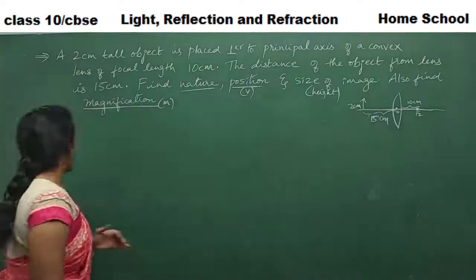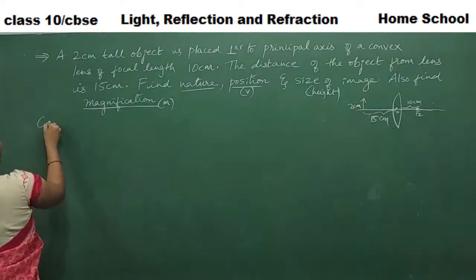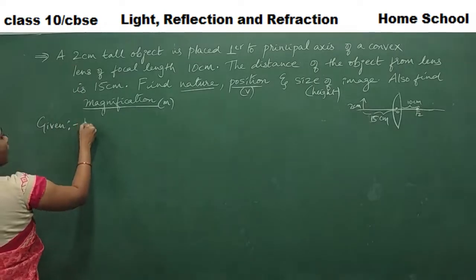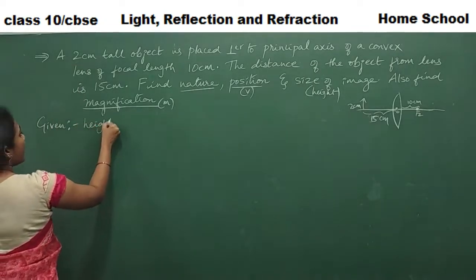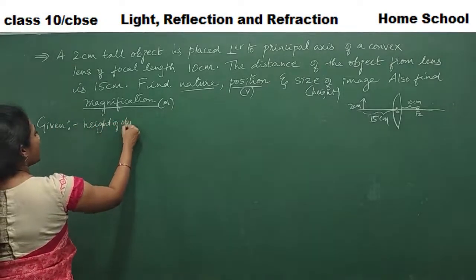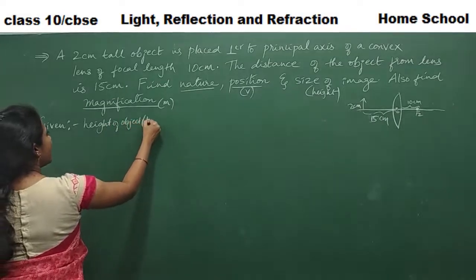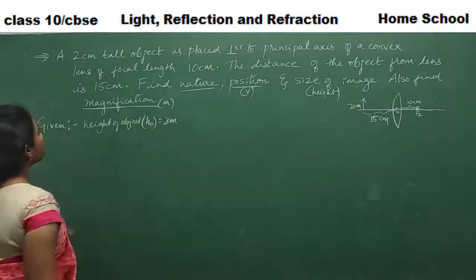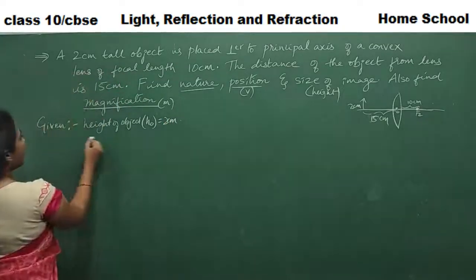So let us list out what is given initially. Height of the object, HO. What is HO value? 2 centimeter. And focal length F is given.